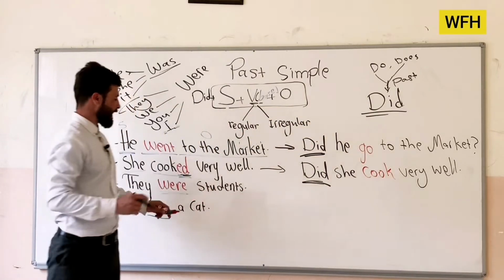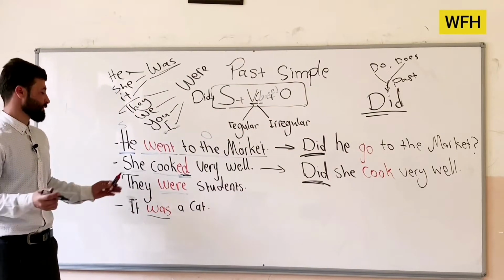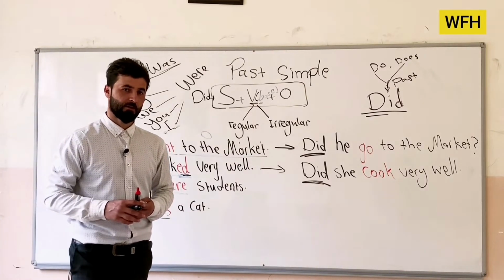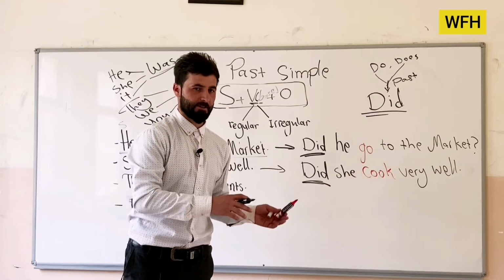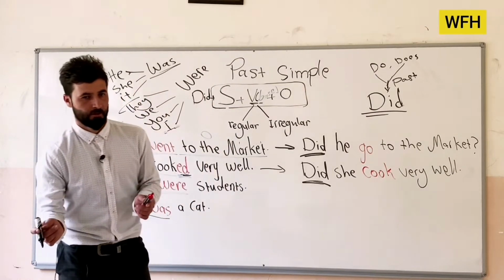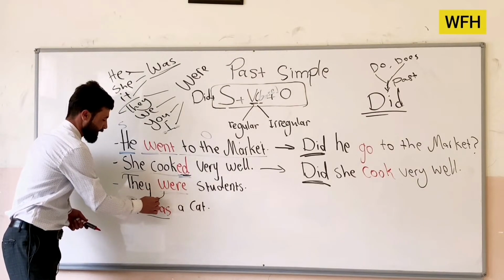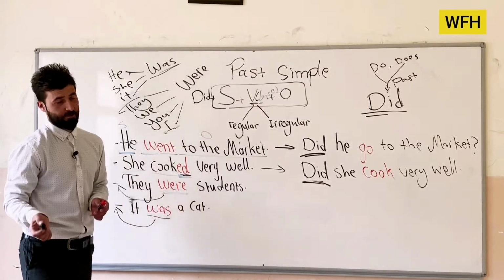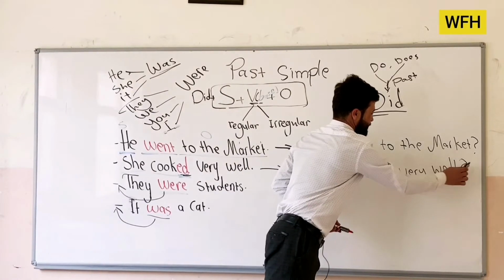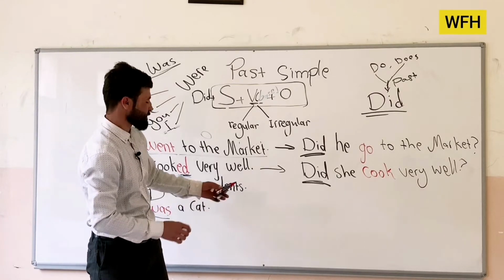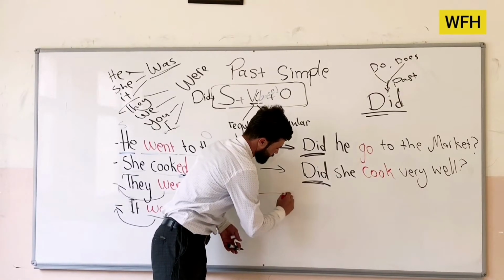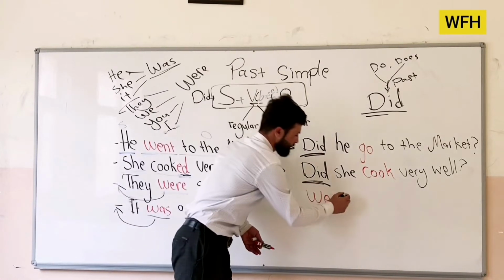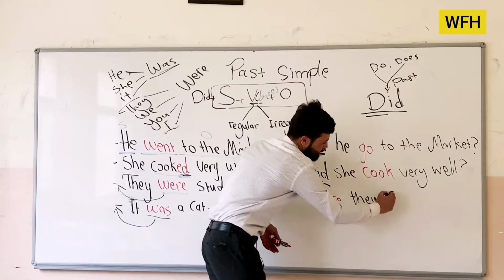What about if we have were and was? What will happen to these two examples? Whenever you have was or were in an example, you will just bring were or was to the beginning of the sentence, and this is going to be a question. For example, we have: They were students. You will say: Were they students?